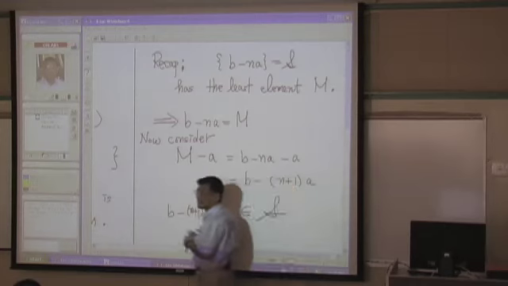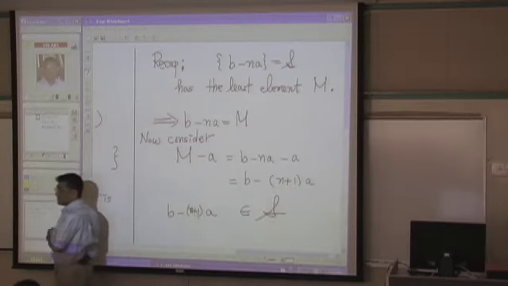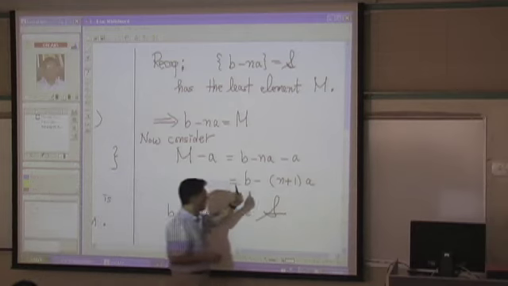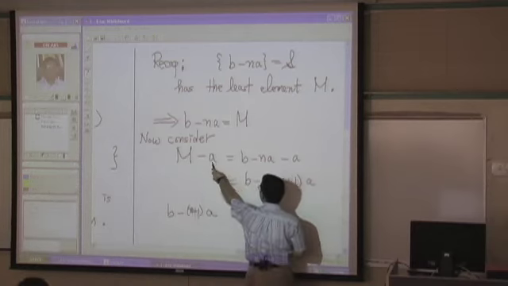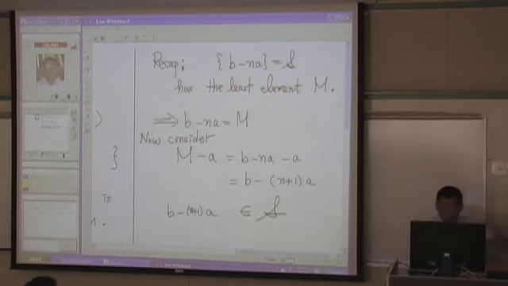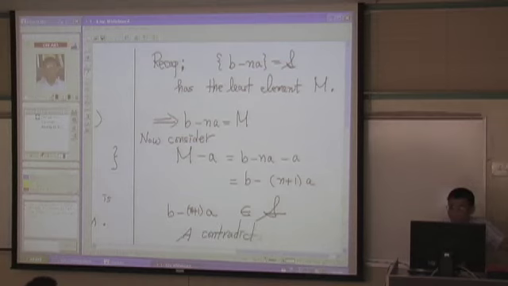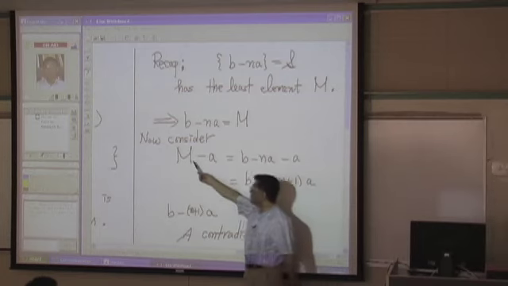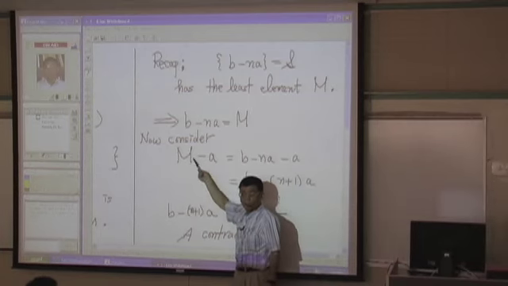Then what happened? The number here is smaller than the number, but it's a contradiction. Because I said m is the smallest number in the set. But m minus a is clearly smaller than m, right?